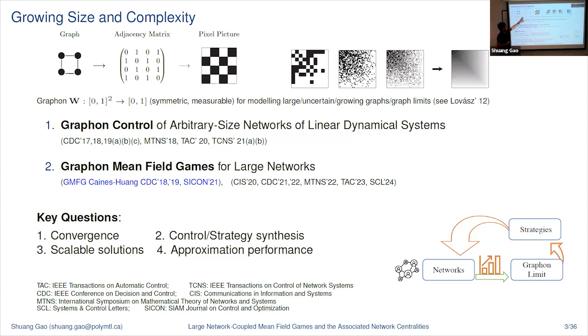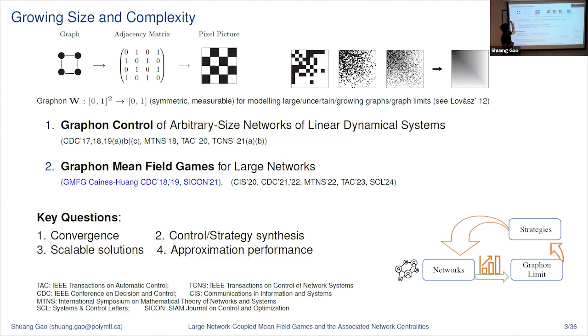If we embed this adjacency matrix into a unit square, we can think of it as a picture where each pixel has side length 1/n. Now we have a new representation of the adjacency matrix, and hence the graph. This picture is actually a function mapping from the [0,1] square to the [0,1] interval.